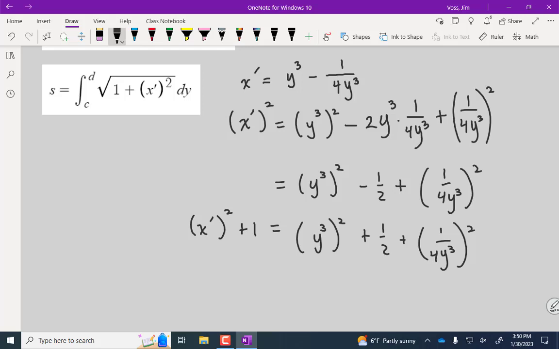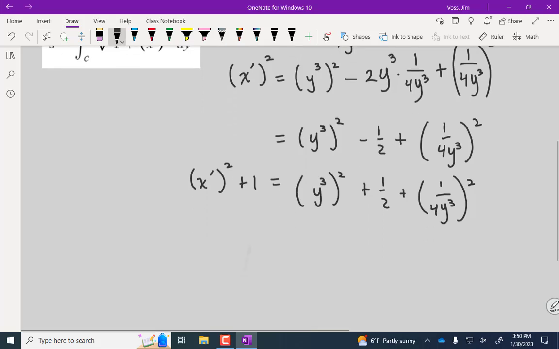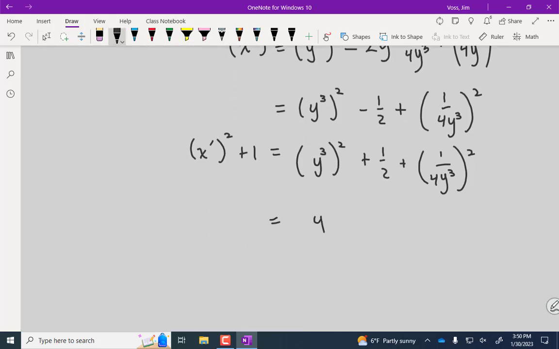Now we're up here. It's going to factor into exactly what we started with, except with a plus instead of a minus. So this will be y cubed plus that quantity squared. And that's really easy to take the square root of.